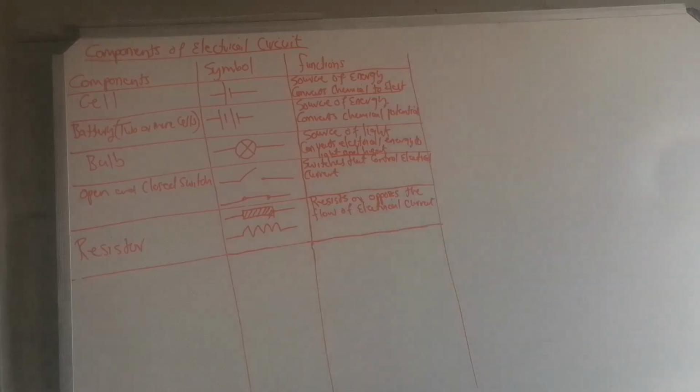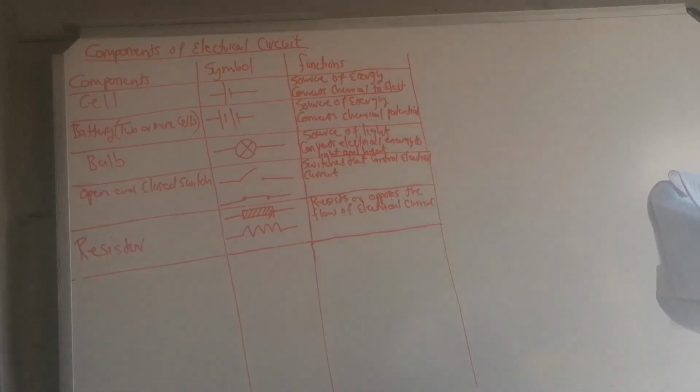You can use a resistor to perform different functionalities. Sometimes you can use it to limit a certain amount of current that passes to a component of interest. Examples of resistors would be bulb filaments, heating wires, elements in the kettle, heaters, geysers, and stoves.